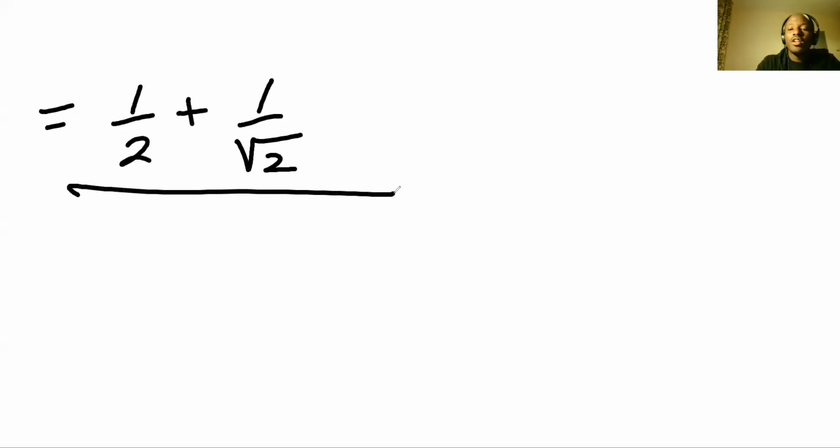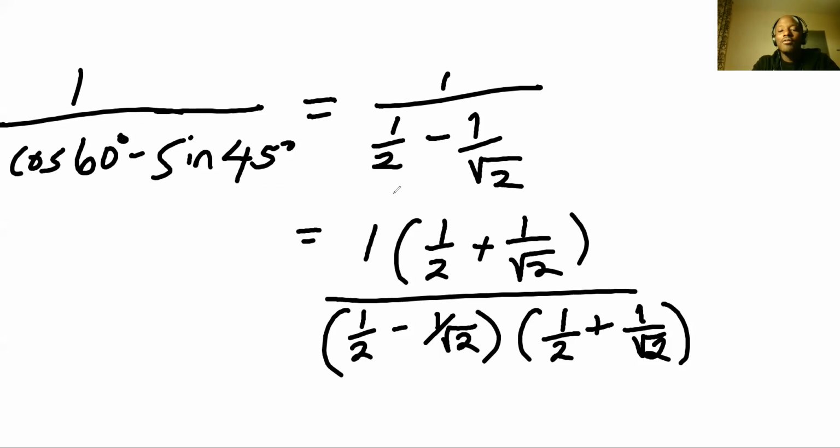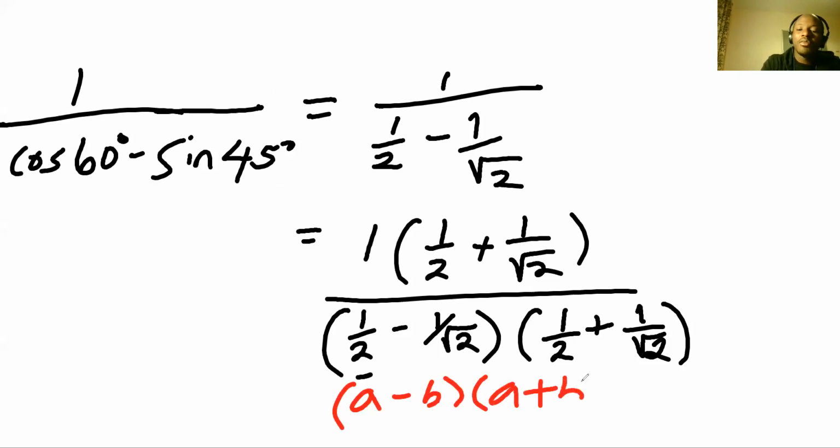So it will be a half minus 1 over root 2. Is it minus? It's plus. Over the denominator. It's in the form a minus b times a plus b, which gives us a squared minus b squared.